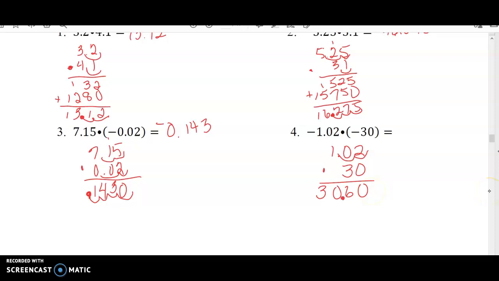It becomes 30.6. I go back up to the top, and I have negative times negative. Well, that's a positive. So the most important thing with multiplying decimals is you do not have to line up your decimal point. You just put the one with more digits on top. And then to figure out where your decimal goes, you count the number of spaces.